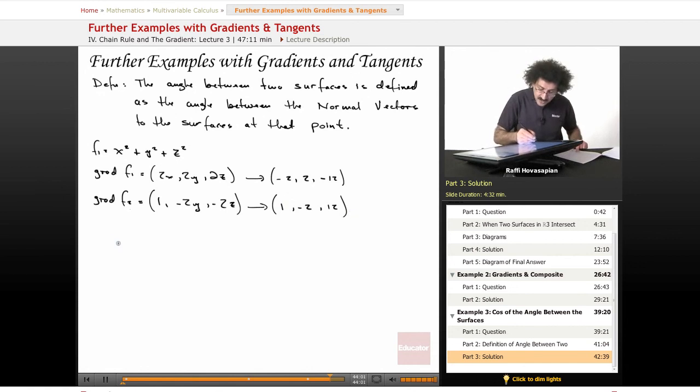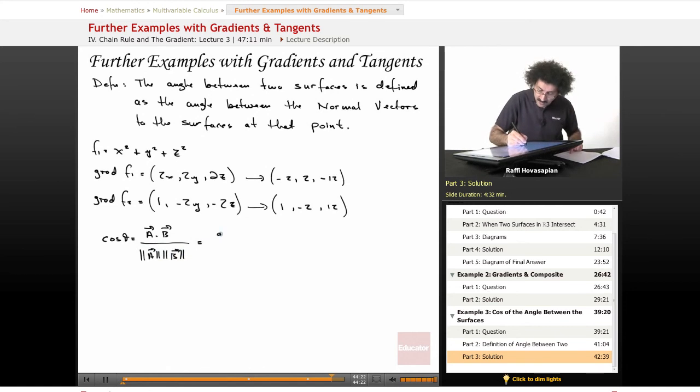Now we know that the cosine of theta, remember, the cosine of the angle between two vectors A and B, is the dot product of those vectors divided by the product of the norms of those vectors. So that's our standard.